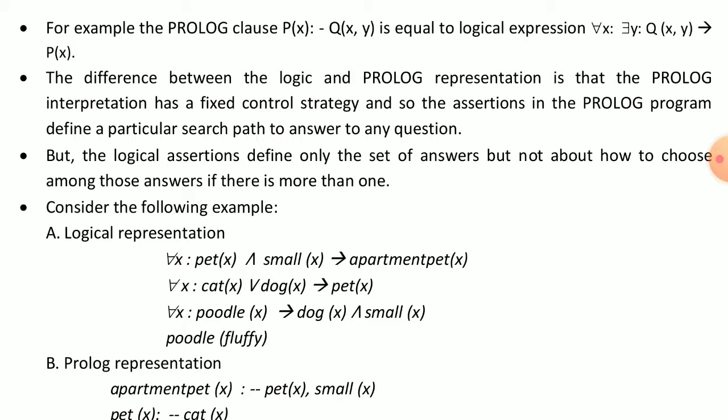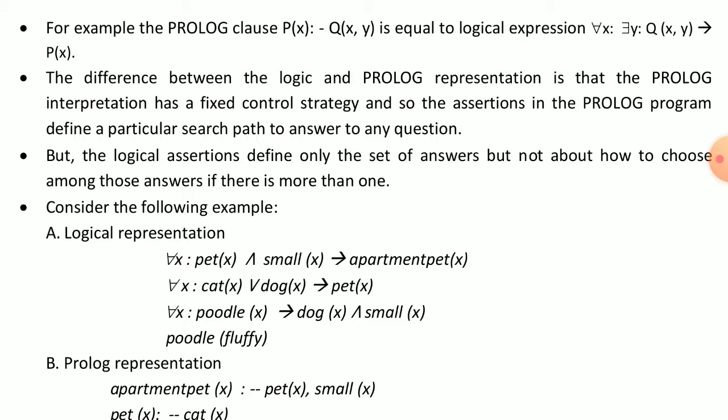Now the difference between the logic and Prolog representation is that the Prolog interpretation has a fixed control strategy, and so the assertions in the Prolog program define a particular search path to answer any questions. Now we can find out the difference between logic and Prolog representation, and then we can fix the control strategies, and we can find out any questions answered in the Prolog program.